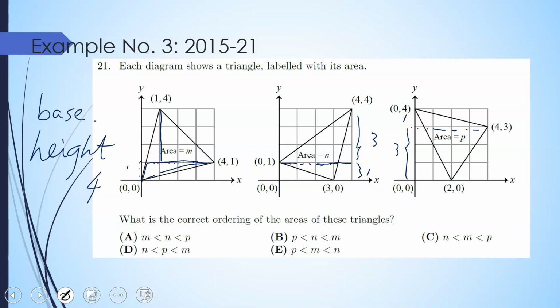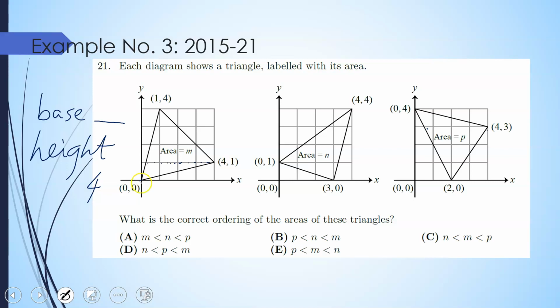So now let's look at the base. Okay, so for the first line, we know we need to find out this length. So it's less than 4, but more than 3. But how can we tell how big it is? We know that this line comes from the coordinate 0, 0 to 1, 4.